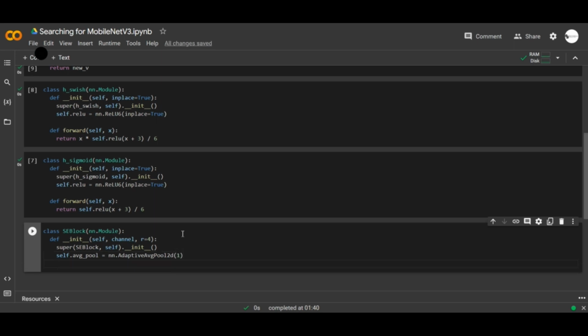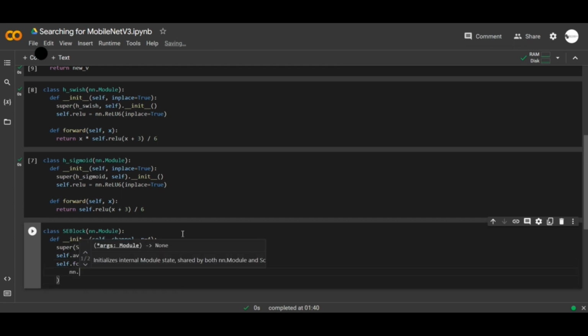The next step was the fully connected layer, so it's going to be self dot fc equals nn dot sequential, which we can always reuse because we have two fully connected layers within this squeeze and excite block.